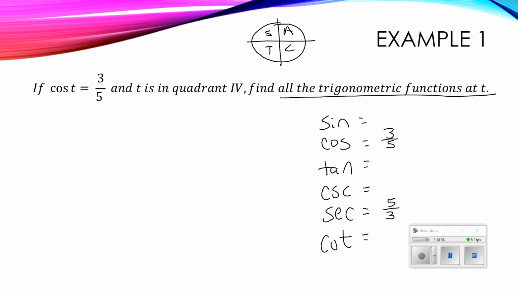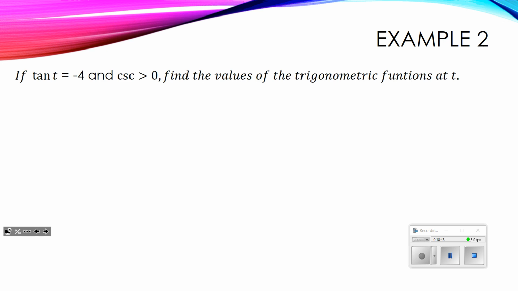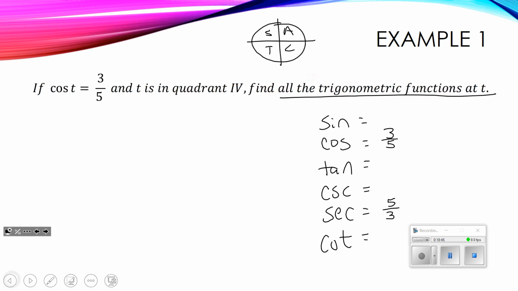Tell me about the signs. What do I know is going to be positive in quadrant 4? The secant and the cosine. Oops, let me go back. Sorry. We know that cosine and its reciprocal, the secant, are going to be positive. So what can I go ahead and do with all 4 of these? I can make them negatives.